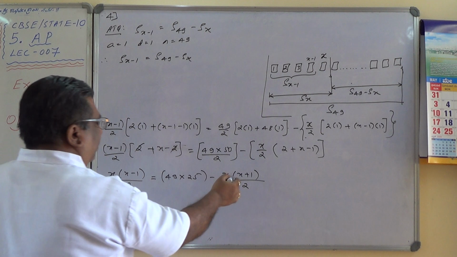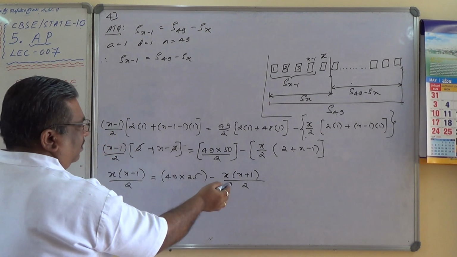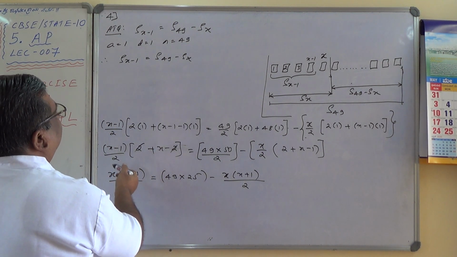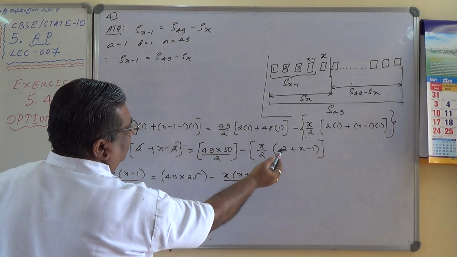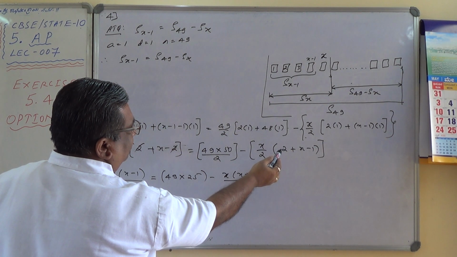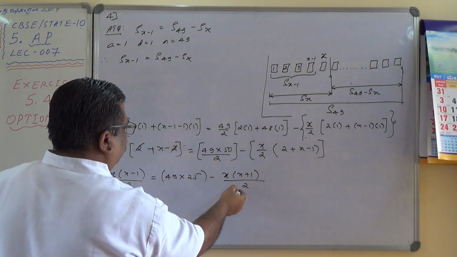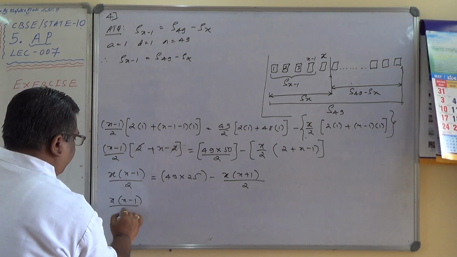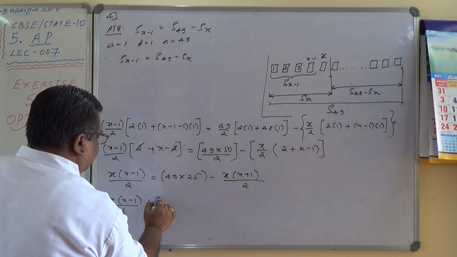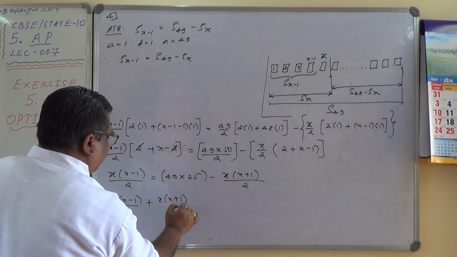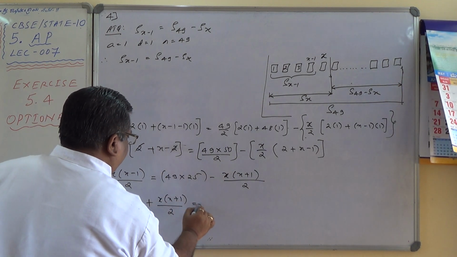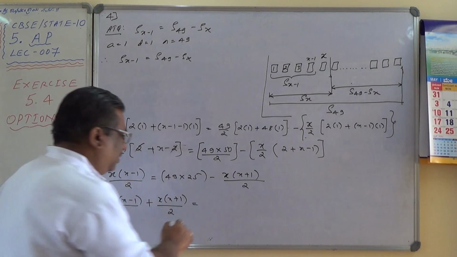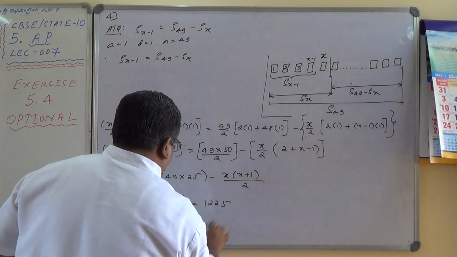Okay, now you take this side and let's see. Therefore x into (x minus 1)/2 plus x into (x plus 1)/2 equals 49 into 25, which is 1225.